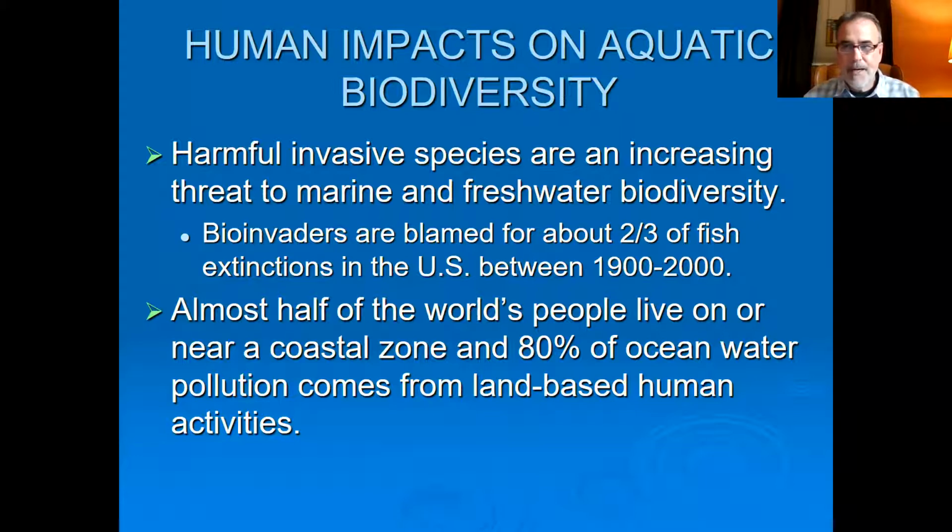To add to that problem, to compound on it, is that about half of the world's people live on or near coastal zones, and about 80% of ocean water pollution, remember, originates on land, and then washes in. So as we have so many people living on the coast, and we get it, we have so many lakes around here, we understand why people want to live by water.